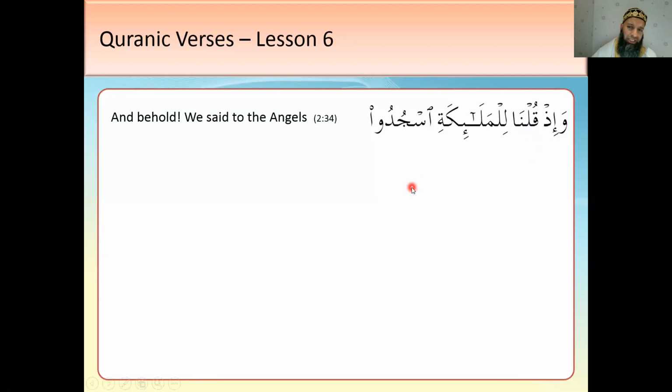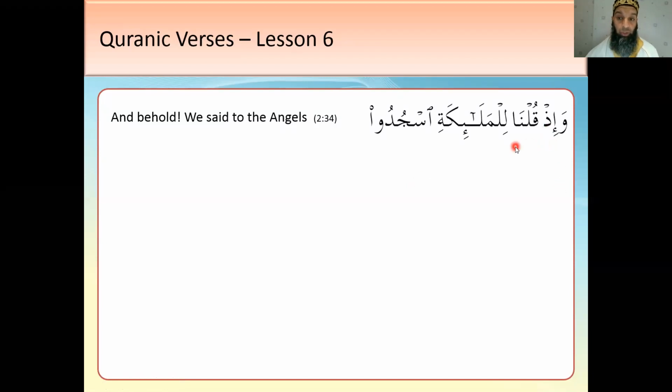So some translate as and when, which is the best translation? It's a good question. You've got some accurate translations, and some that flow easily on the tongue and are easy to read. So I think Sahih International is a good one. Allah alam.